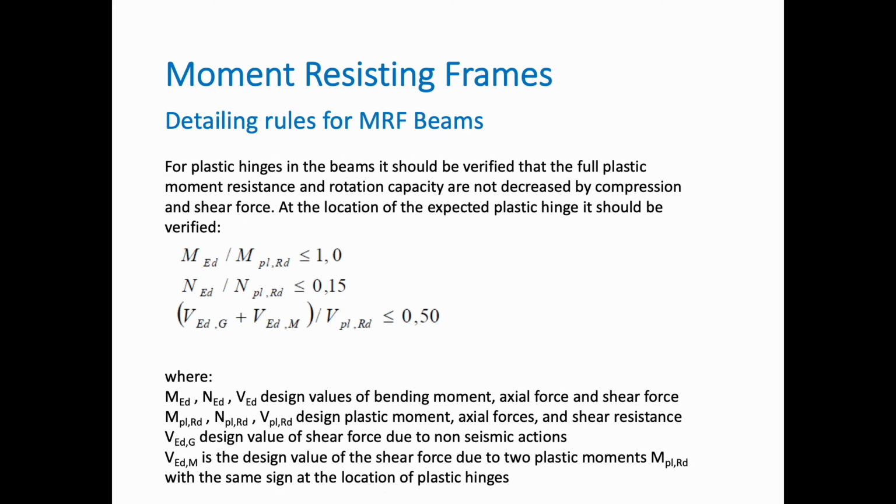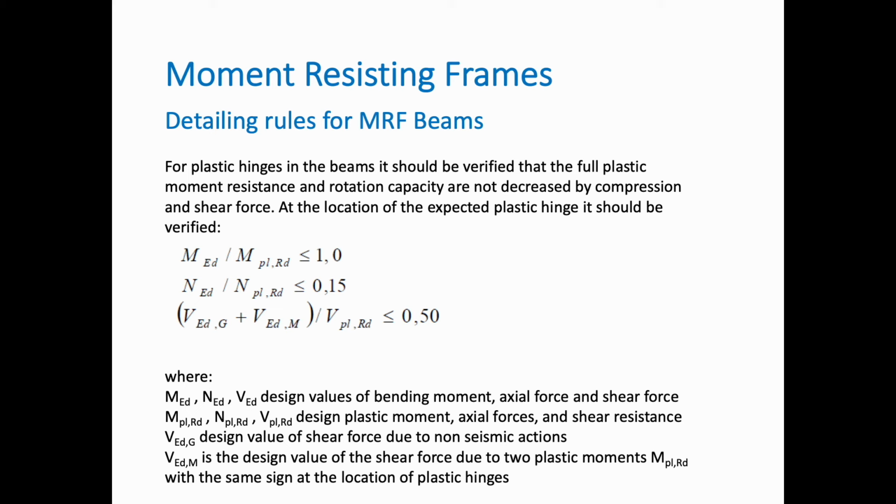Now, some detailing rules for the moment resisting frame beams. For the plastic hinges in the beams, it should be verified that the full plastic moment resistance and the rotational capacity are not decreased by the compression and shear force. So, like we do for the design of beams when we have increased shear in Eurocode 3, the same concept applies here.